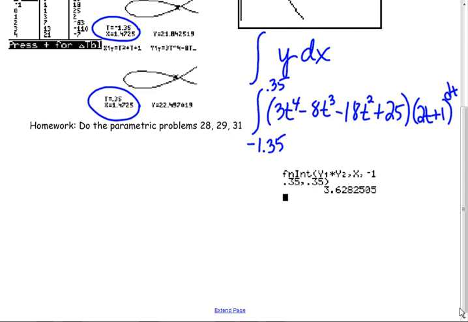Okay, let me check my answer. Yes, they have 3.6. We did it right. They wrote it as two integrals, but you see that you can just write it as one.